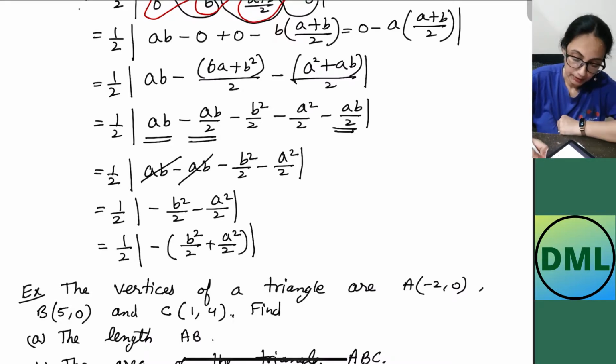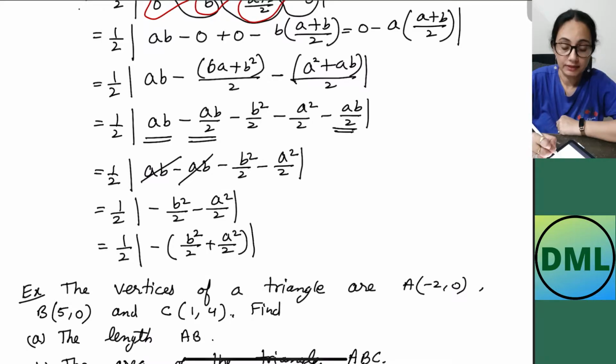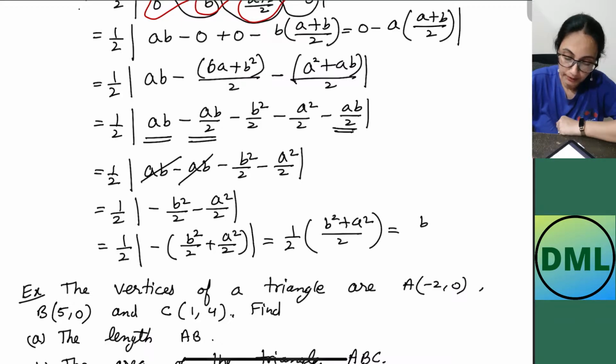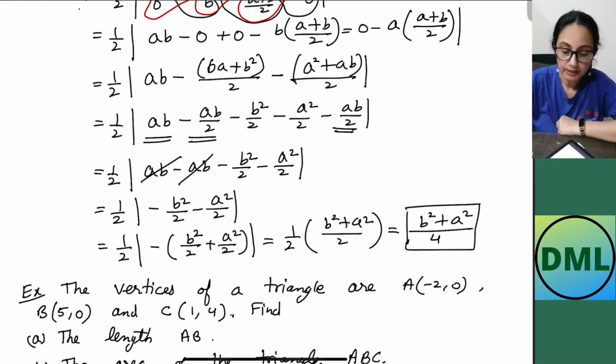Put the mod again. Now because my answer inside the mod is negative, I have to take the positive answer. My answer will be half bracket b square plus a square by 2. If you multiply the denominator, it will be b square plus a square by 4. That is your answer for the area.